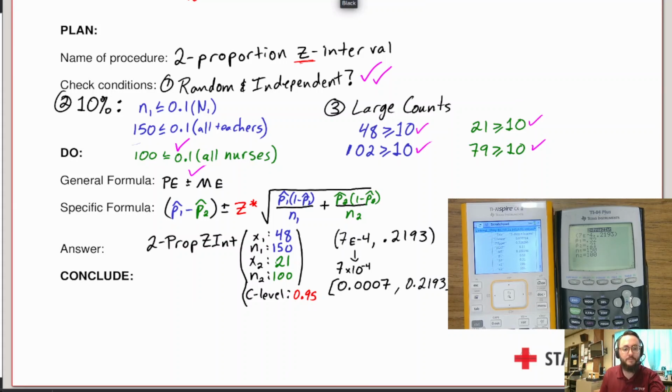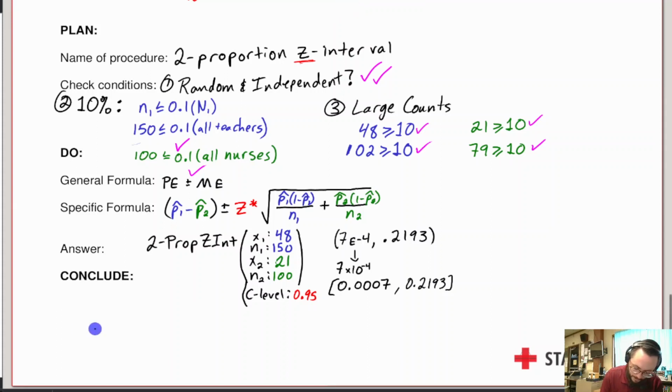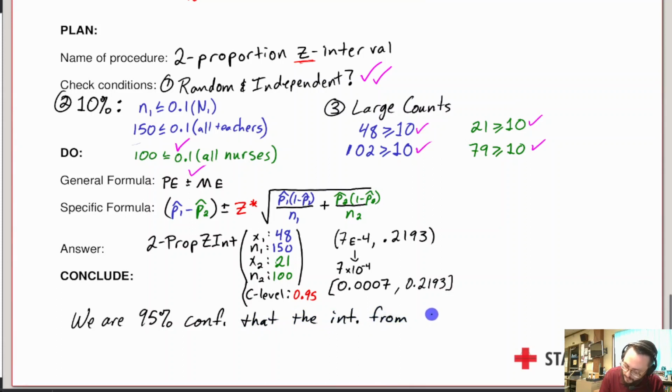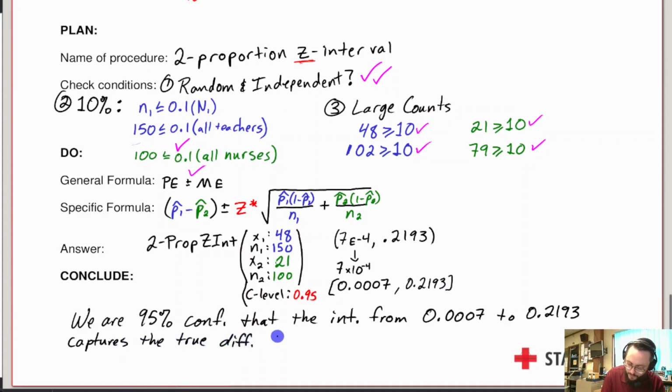95% confident that the interval from 0.0007 to 0.2193 captures the true difference of proportions of teachers and nurses.